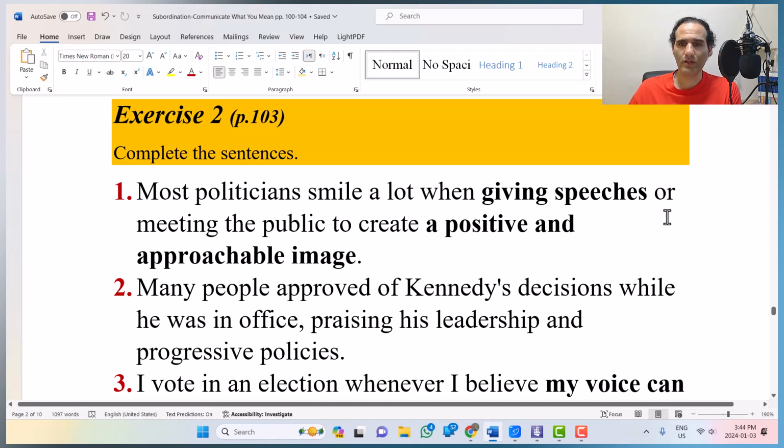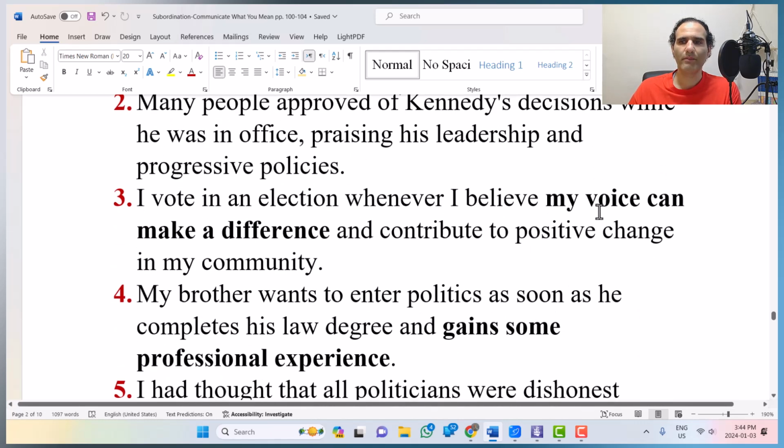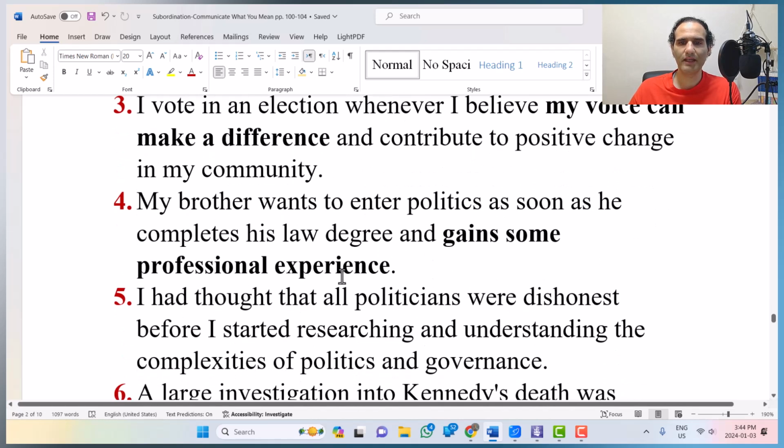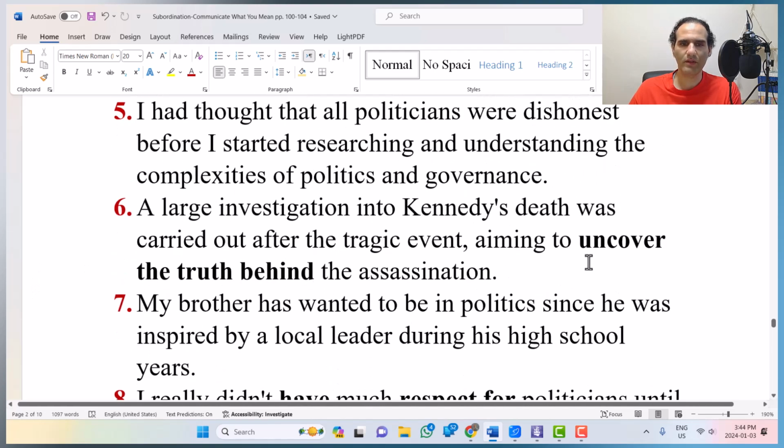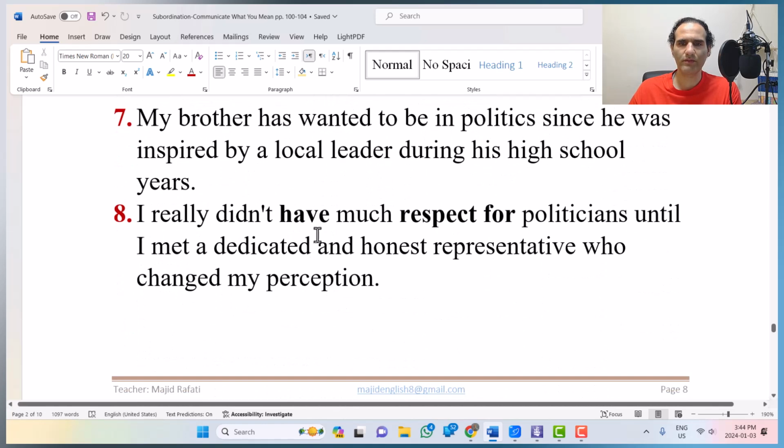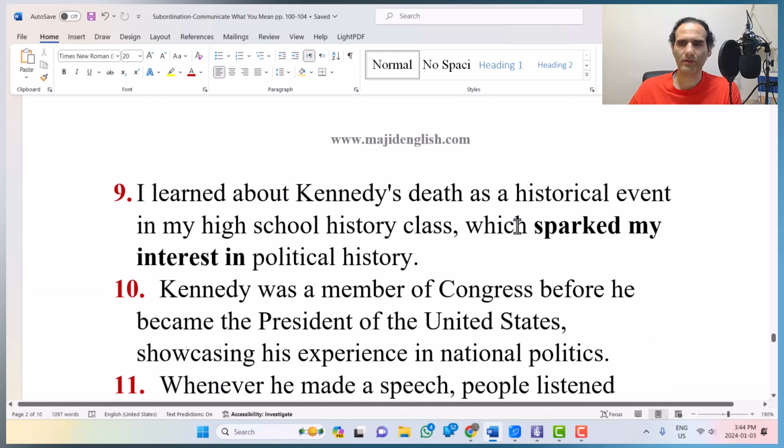Give a speech is a beautiful collocation. A positive and approachable image is beautiful. My voice can make a difference. Make a difference, it's beautiful. Gain experience, gain professional experience. That one was beautiful. Uncover the truth behind something. This one is beautiful. Have respect for someone. This one is beautiful.